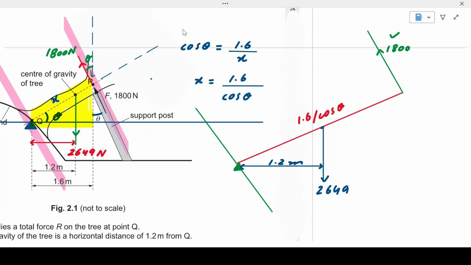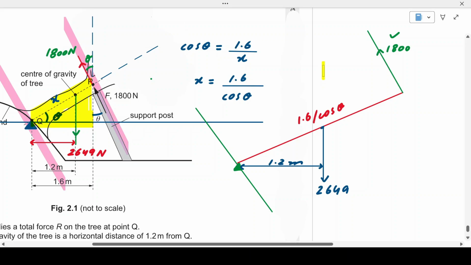And once again, if you struggle to find the perpendicular distance of a force from the pivot, this is a very important method. Draw a line in the direction of force. I want to find the perpendicular distance of this force from the pivot. I draw a line in the direction of force. I draw a line parallel to that one, but I make it pass through the pivot.